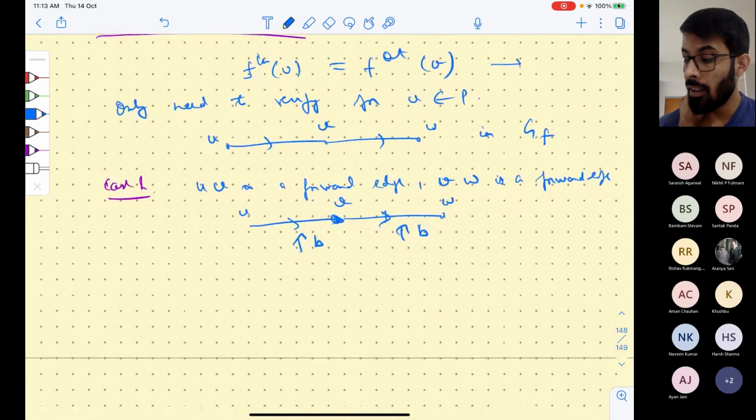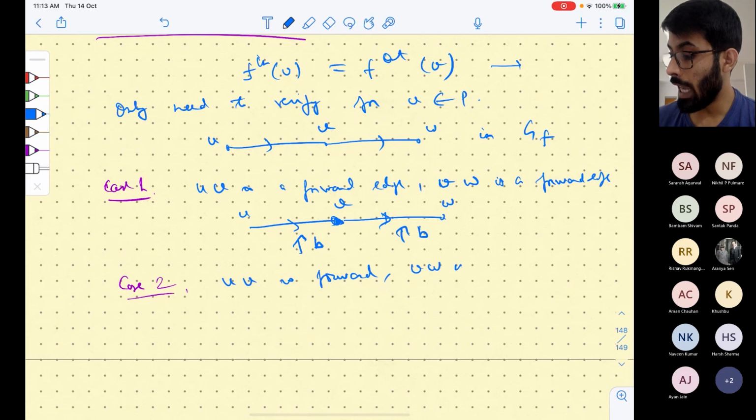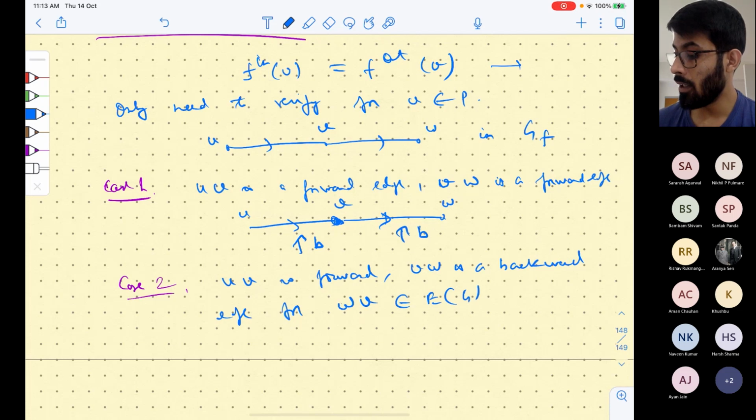You can verify that. Then case 2 will be, let's say UV is forward, VW is actually a backward edge for some WV belonging to E set of G.